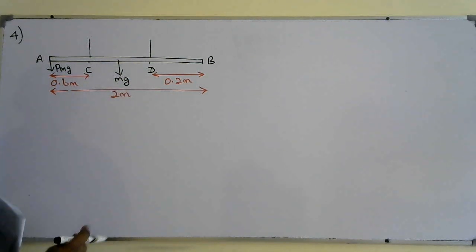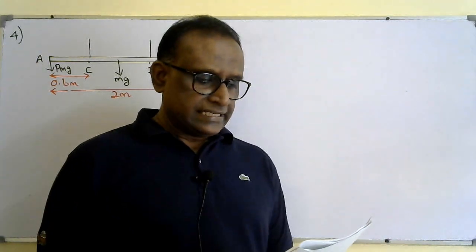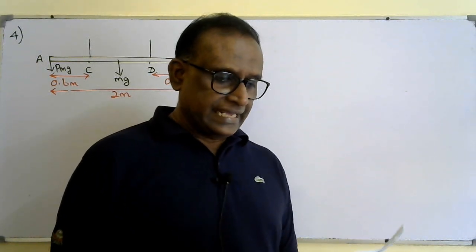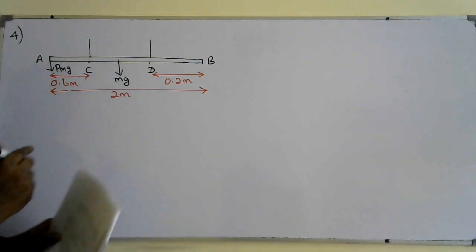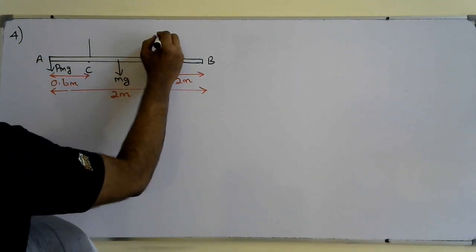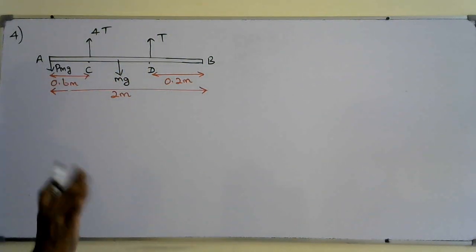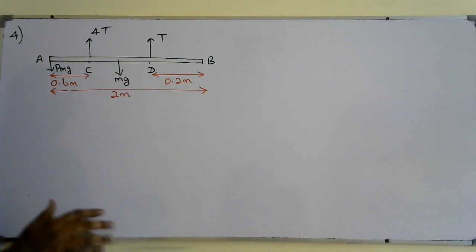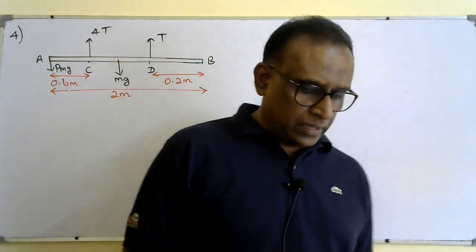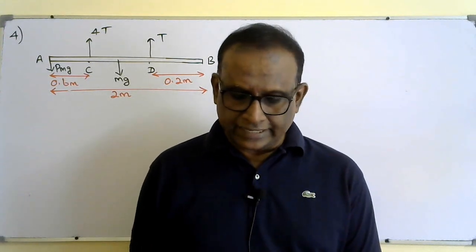Given that the tension in the rope attached at C is 4 times the tension in the rope attached at D, if I say this is tension T, this is going to be 4T. That's all the data given.